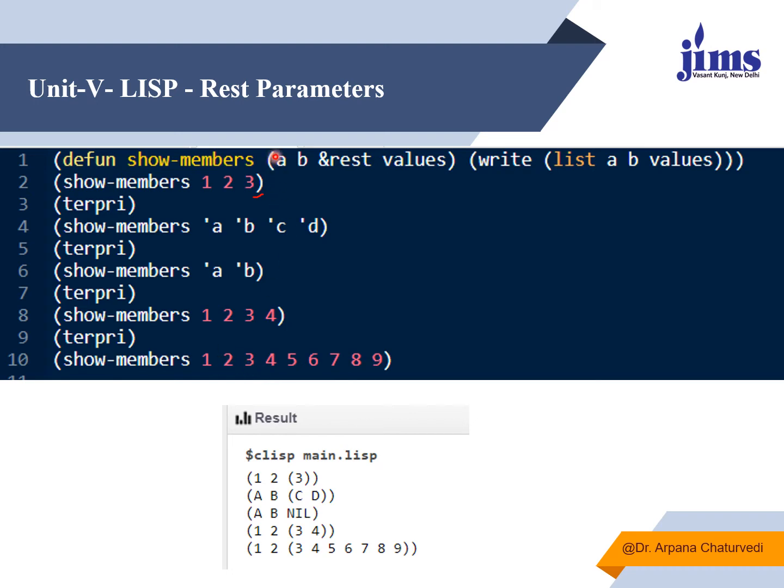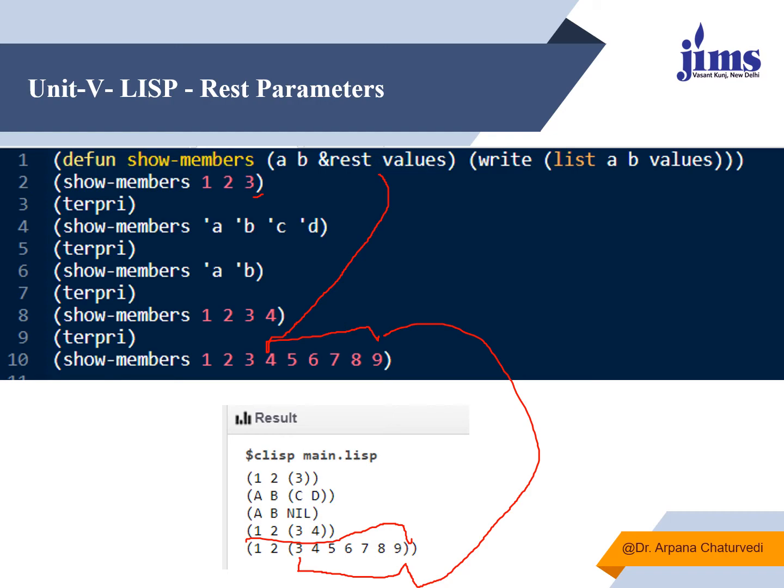So 1 will be the value of A parameter, 2 will be the value of B parameter, and the rest of the values 3, 4, 5, 6, 7, 8, 9 will be a part of values, that is a sublist which is going to appear over here. This appears within the inner parenthesis as a sublist, a part of the main list. So this is how we use rest.